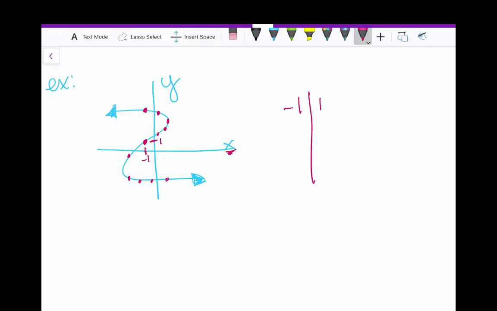But if I go up here, for -1, the y value may also be 5. So I'm looking at these points, and it looks like this one input right here has actually 3 different outputs. So this is not a function. In fact, when you're looking at a graph, you can do what is called the vertical line test.